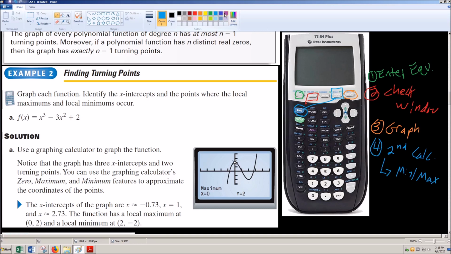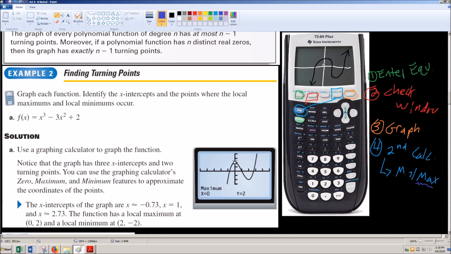Pretty straightforward there. Once I do that, I then am going to get flipped back to the screen that has my graph on. So I'm going to pretend like there's a graph here, and it looks something like this. All right, so let's say I was trying to find a maximum. So in this example, for finding a maximum, what do I want to do?